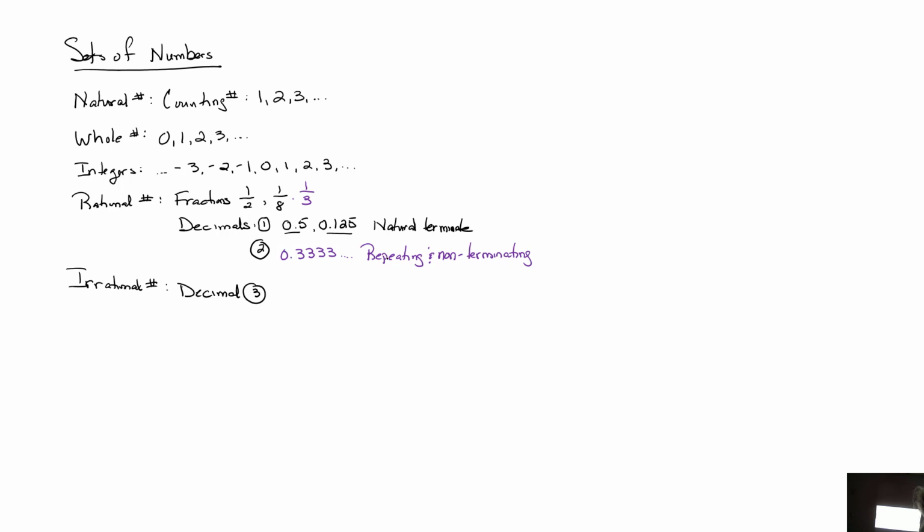The rational says they also repeat if they don't terminate. So, this third group is a non-terminating group of decimals, but since it's non-terminating, it can't be repeating, because if it's repeating, it's rational. So this one has no pattern to it whatsoever.